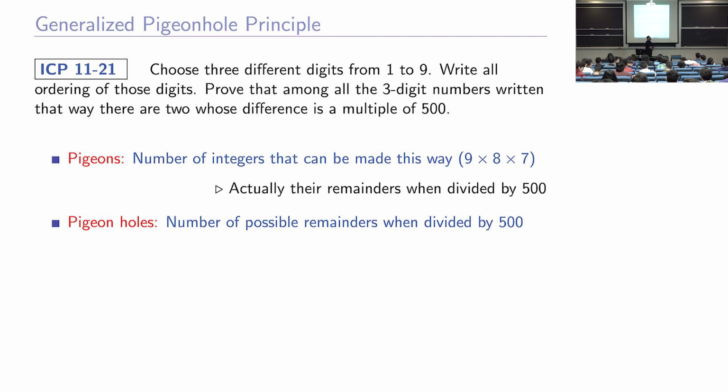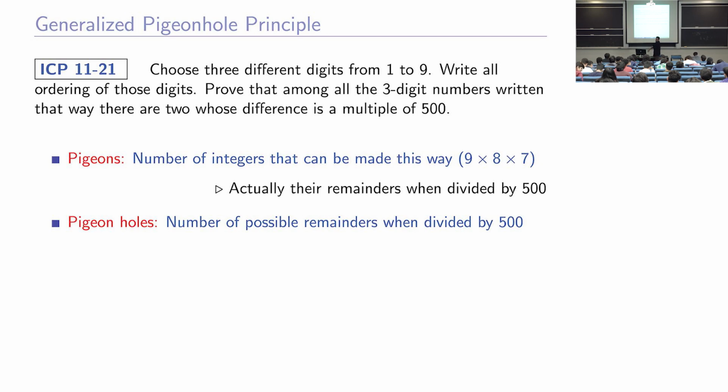So these 504 different numbers. If I divide them by 500, how many different remainders will I get? Remember when we studied the division algorithm, the remainder is between 0 and 499. So how many different unique remainders are possible? 500, 0 to 499.